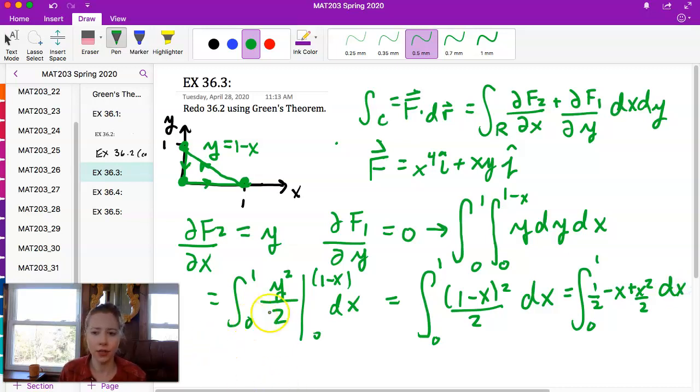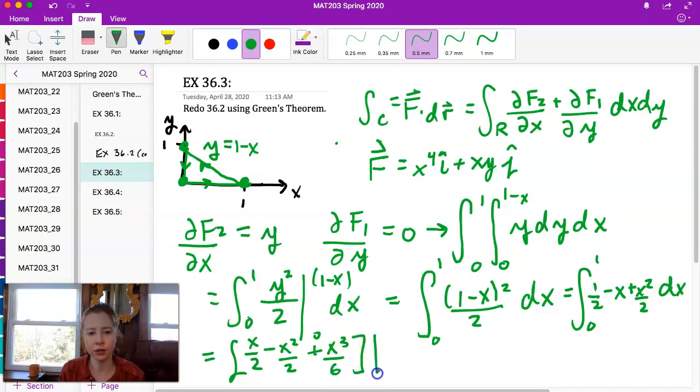And that is going to give us then x over 2 minus x squared over 2 plus x cubed over 6, and we're going to go from 0 to 1. And so we get 1/2 minus 1/2 plus a 6th, which is a 6th.